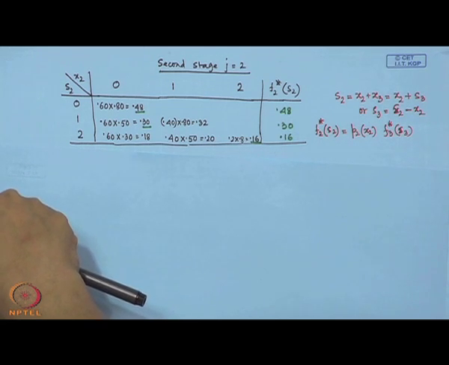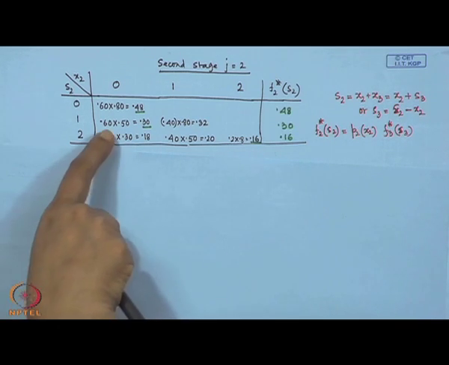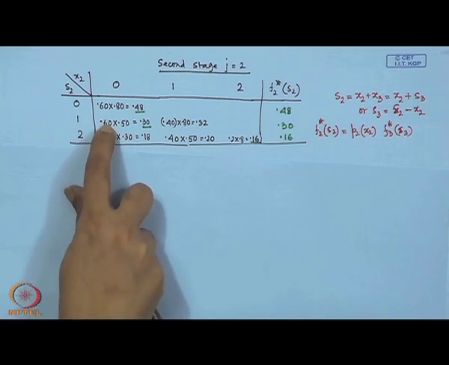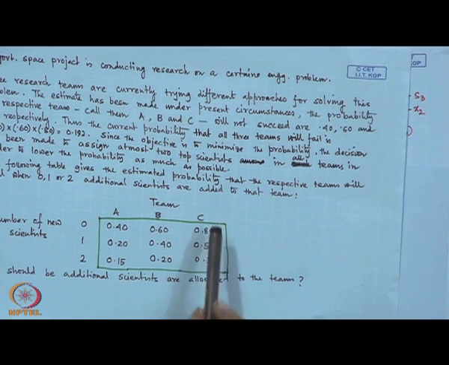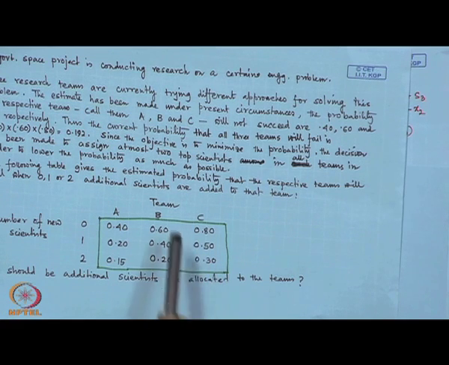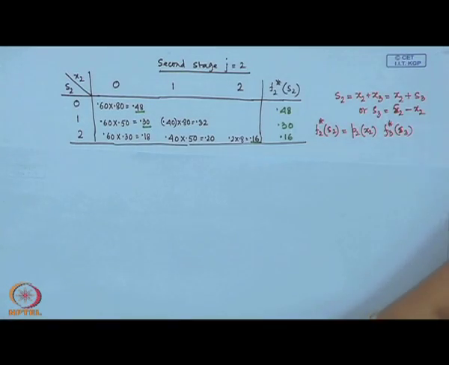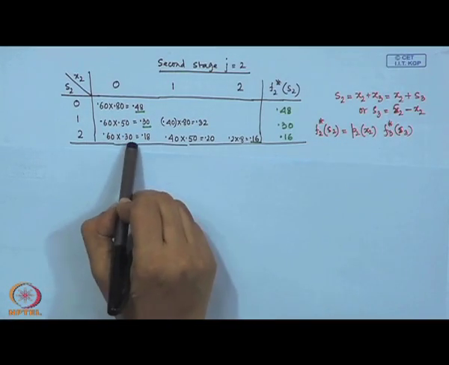That is why by considering the probability value, we have to calculate the probability, that is coming 0.6, that is team B is not getting any scientist, but team C is getting one scientist, that is 0.5. But in the next, if we consider team C is getting 2 scientists, team B is not getting any scientists, then the probability would be 0.6 into 0.3.